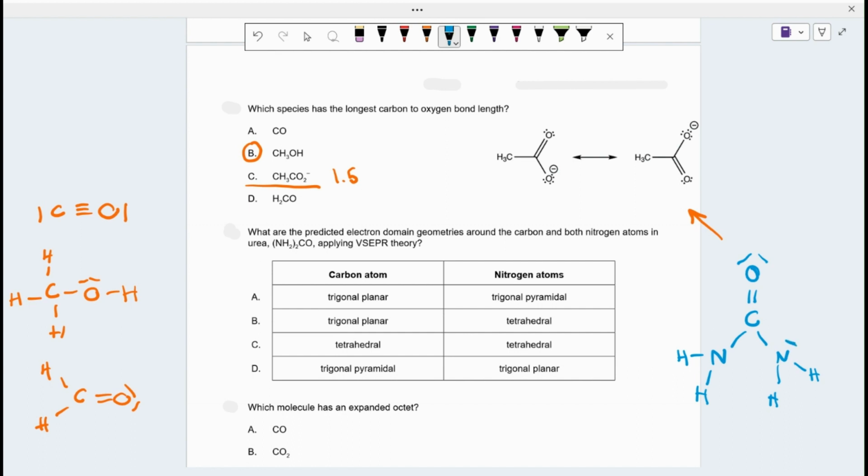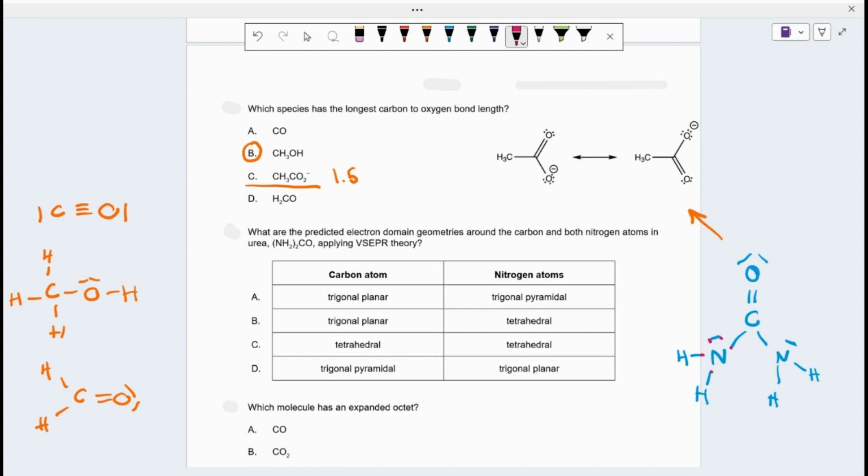And we have a lone pair there on both nitrogens. Why? Because nitrogen has 5 outer electrons. 1, 2, 3, 4, 5. Okay, that's why. So electron domain geometries, right, the carbon, that will be trigonal planar.